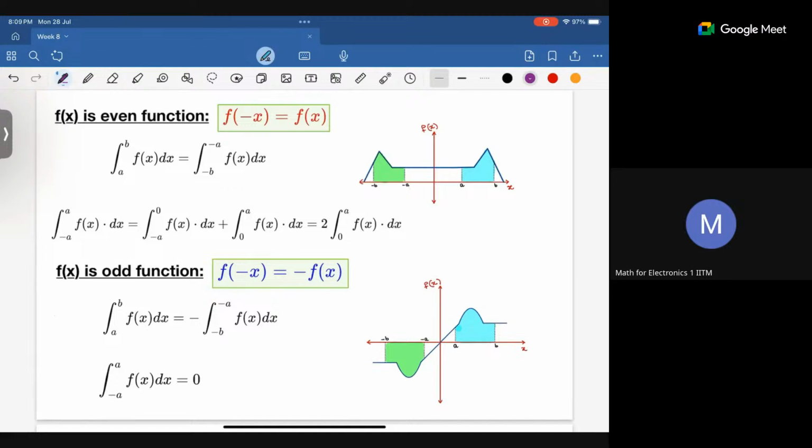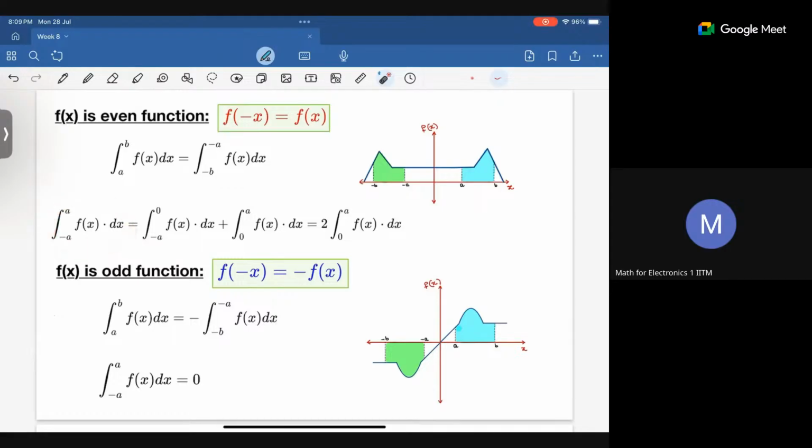So the green region and this region will have the same area if it is even. Here f of x is even, and we will use this to compute these kinds of expressions.